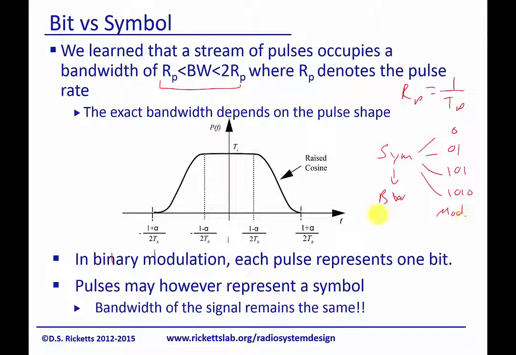So we have a fixed bandwidth which depends upon our repetition rate. It also depends upon alpha, and that is the symbol. Each pulse we're sending represents a symbol, but depending upon the modulation architecture, it could have any number of bits associated with it.